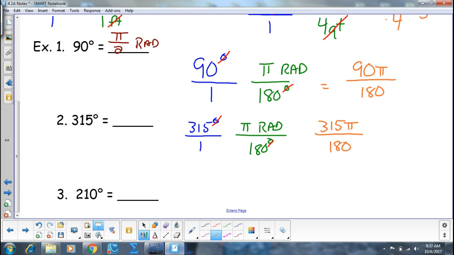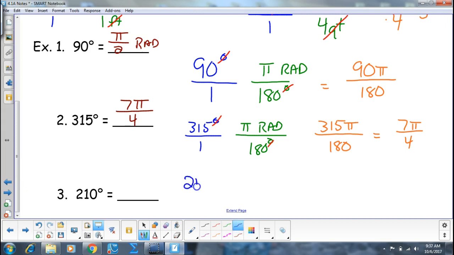Well, both can be divided by 45. So that would be 7 pi over 4. So I get 7 pi over 4 there.